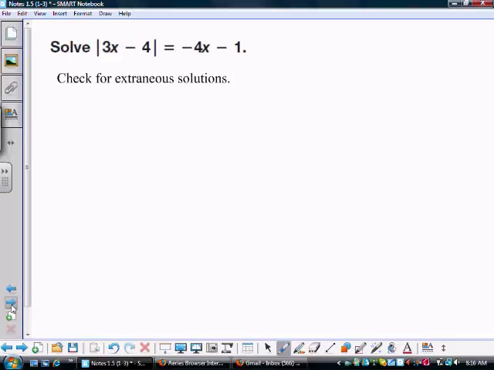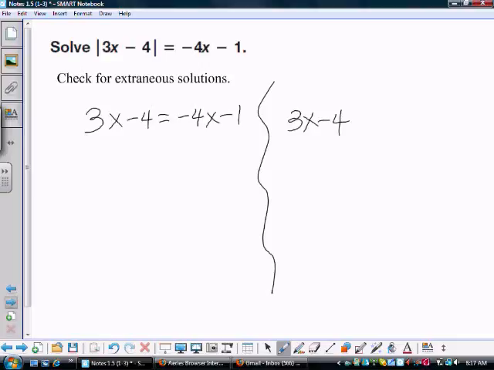So here we go. I've got my absolute value isolated on one side of the equal sign, so that's good. So I'll go ahead with my trick of splitting this off into two equations. The first equation, the easy one, 3x minus 4 equals negative 4x minus 1. That one's good. Okay, my other equation that I'm going to solve is 3x minus 4.